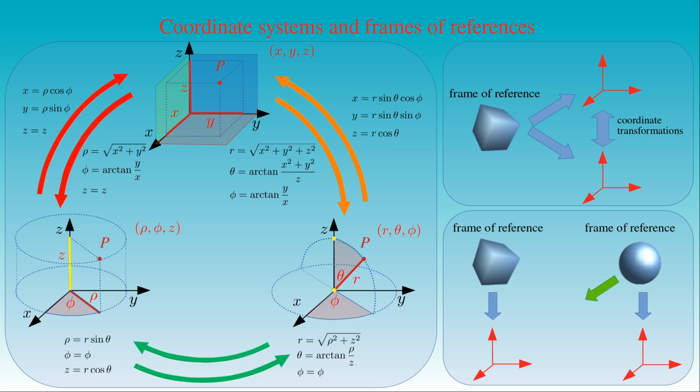Then it is not enough to use only coordinate transformations between the two coordinate systems attached to the different frames, but we also have to apply the Galilean transformations. As a result, we have composite transformations made of these two different sets of transformations, which shows that the frame of reference and the coordinate system are two different concepts.